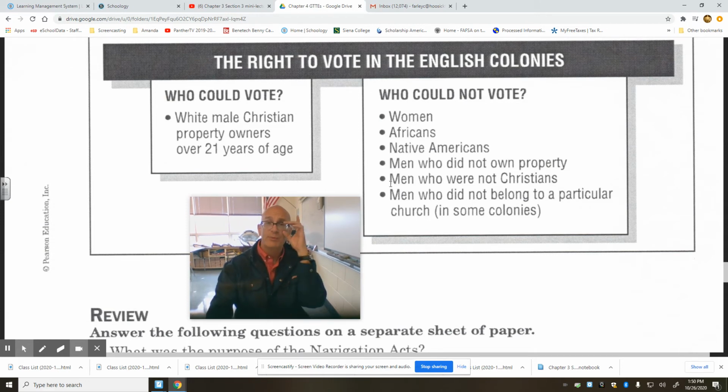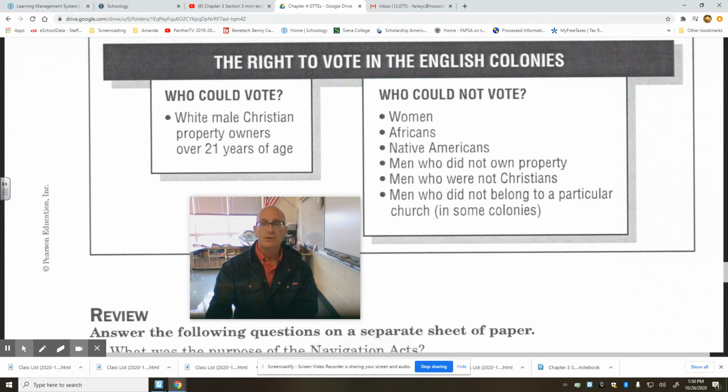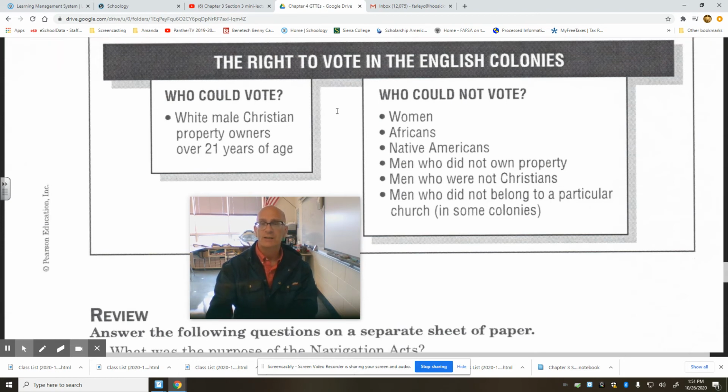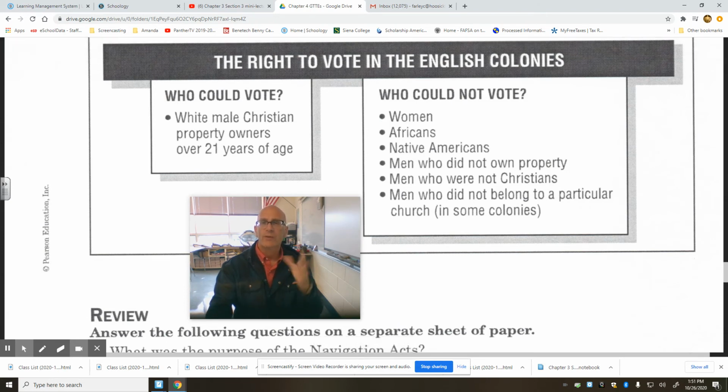For example, a lot of the Puritan churches, when they put items up for a vote in some of the New England colonies, if you were not a Puritan and a member of the Puritan church, whether you were a Christian or not, you could have been a Catholic, you could have been a member of another Christian denomination, you were not allowed to vote on a particular issue.